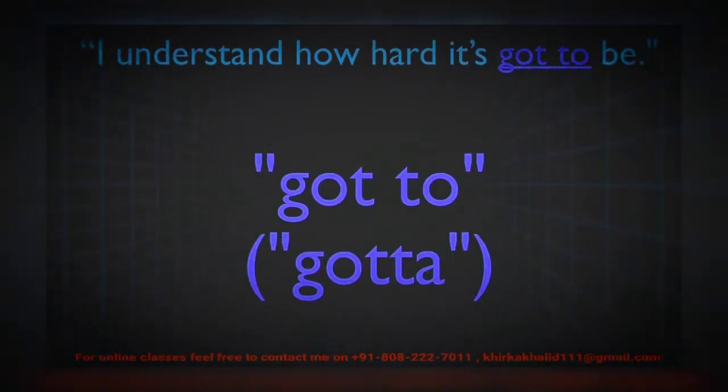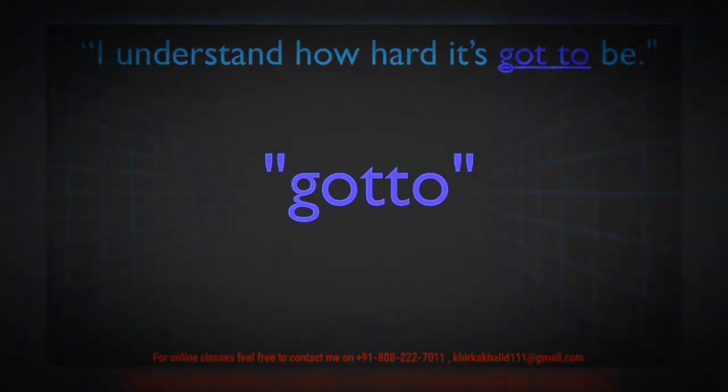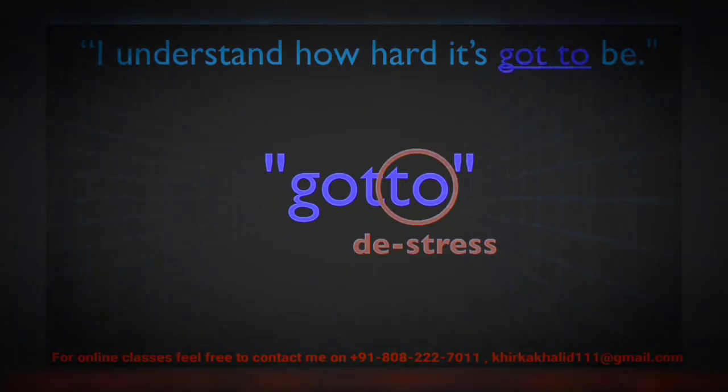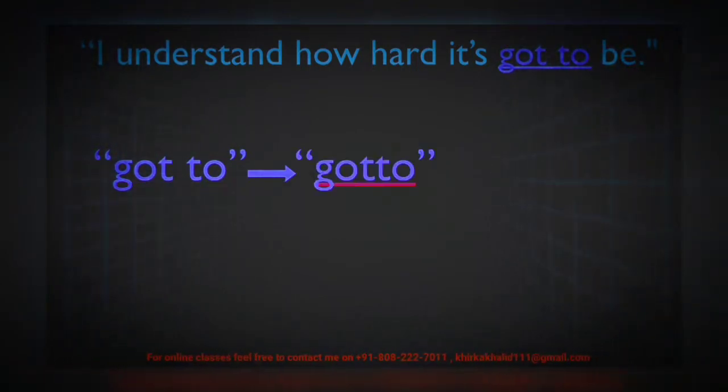Got to. Gotta. First I connected the verb got to and said got to with no breath between words. Then I de-stressed the function word to and said it as uh. Got to became gotta.